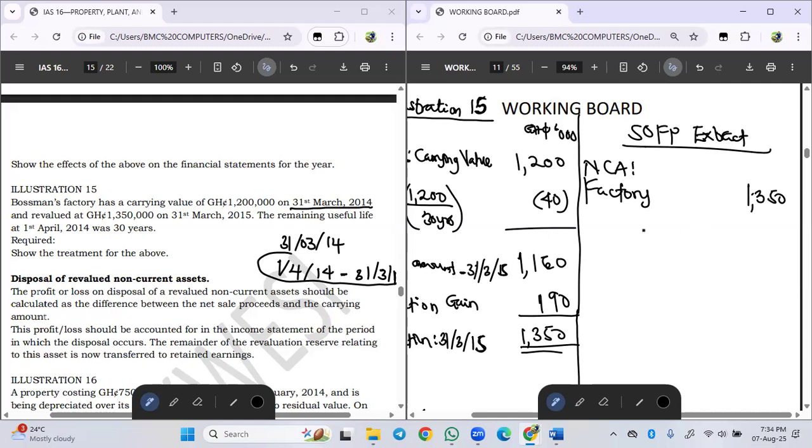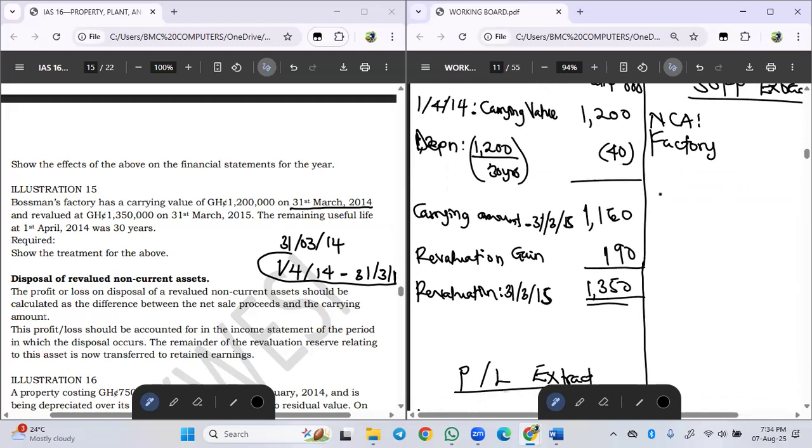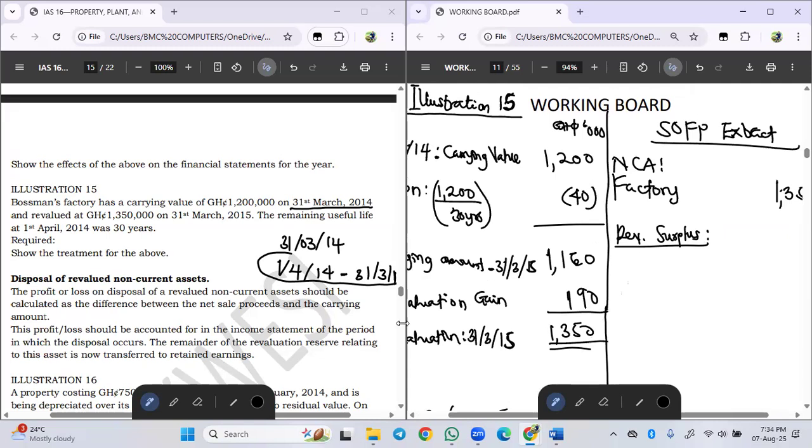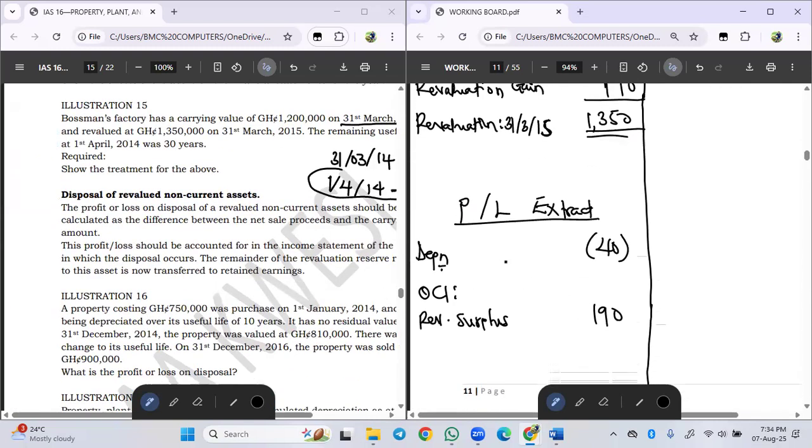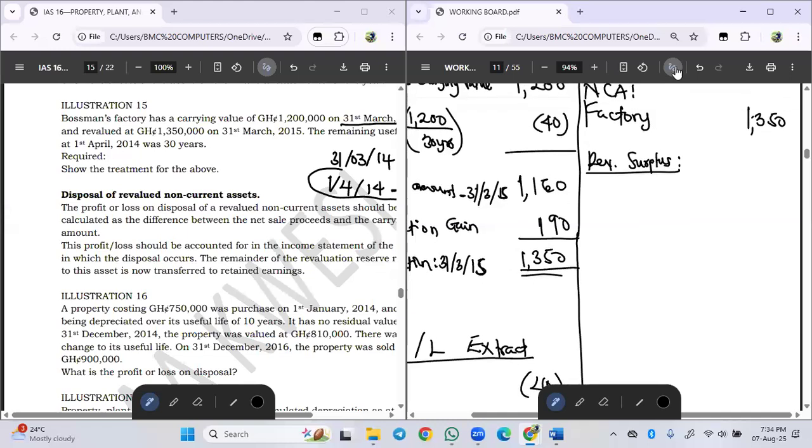Then the revaluation surplus. Revaluation surplus will be in the OCI. Sorry, I've already recorded it in OCI. Yes. So this one will be under equity. It's an equity component. So, all right, equity: revaluation surplus, 190.